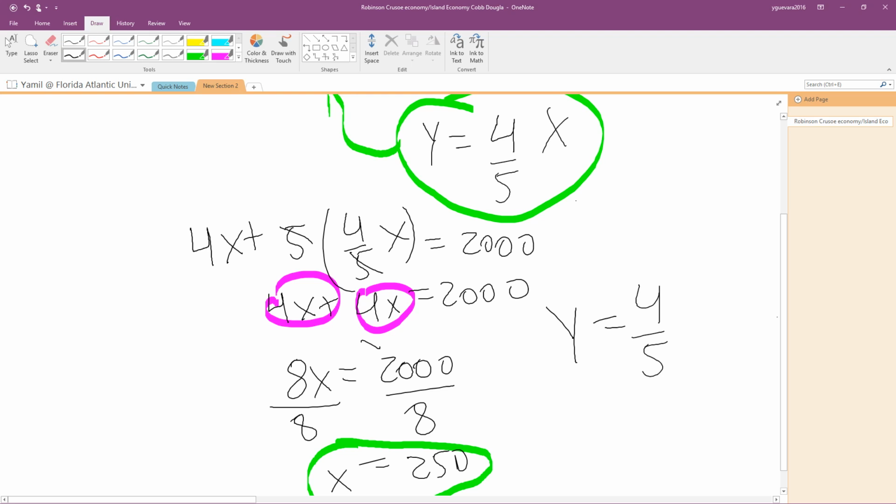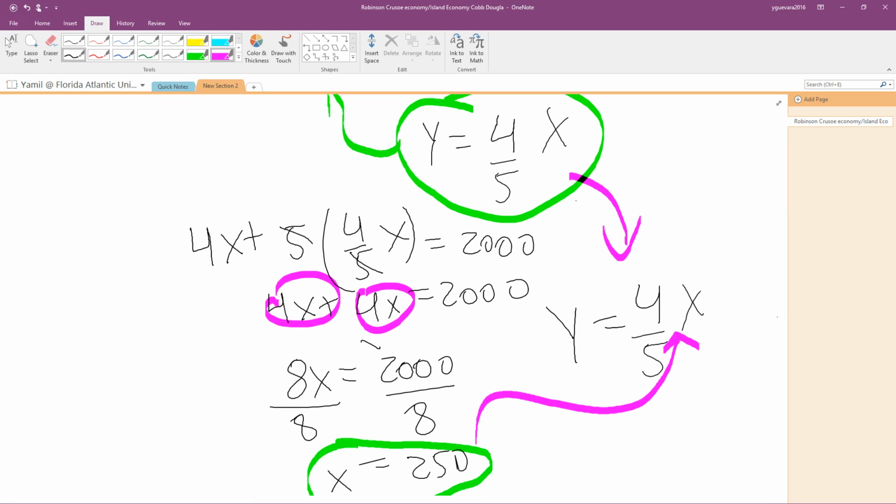So now in order to find y, we just need to substitute x into here. Remember, x equals 250. So let's do that. So y equals 4/5 times 250.